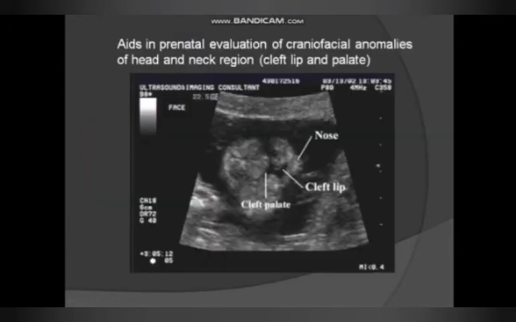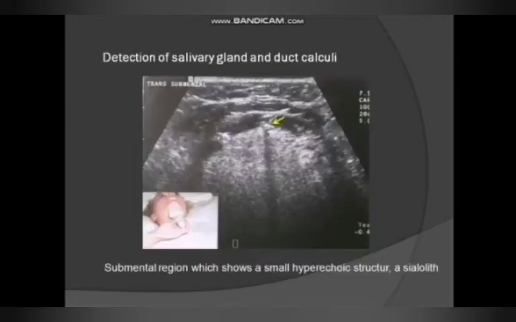Another use is that it aids in prenatal evaluation of craniofacial anomalies of the head and neck region, like cleft lip and palate. It is also used for detection of salivary gland and duct calculi.